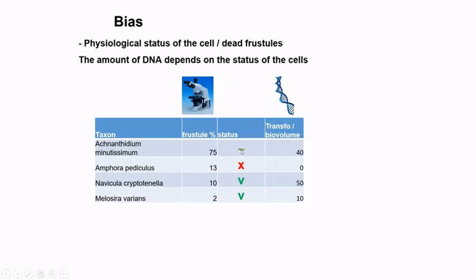I mean, the community is not so healthy, and maybe let's say 50% of the cells of Achnanthidium minutissimum are empty cells. So you just need to think about that. But maybe the picture that you have with microscopy won't be the same simply because of the physiological status of your community.